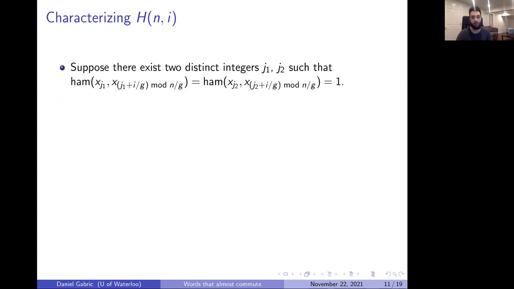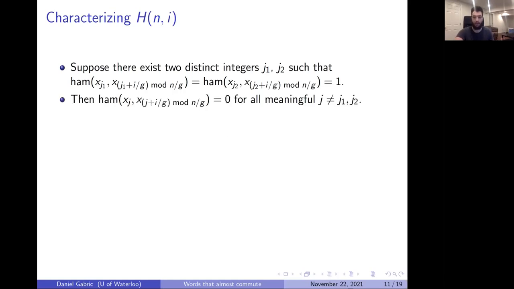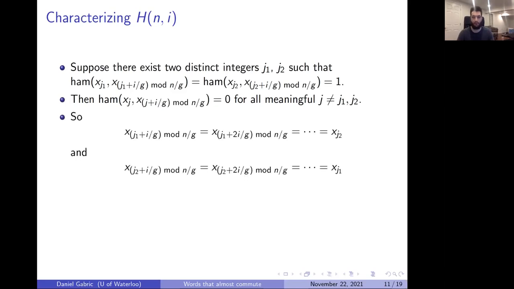So suppose there are two distinct integers such that the Hamming distance between x_{j1} and x_{j1 + i/g mod n/g} is 1, and the same thing is true for x_{j2}. Well, the same thing is true about the additive order of i/g modulo n/g, and we can get the following.